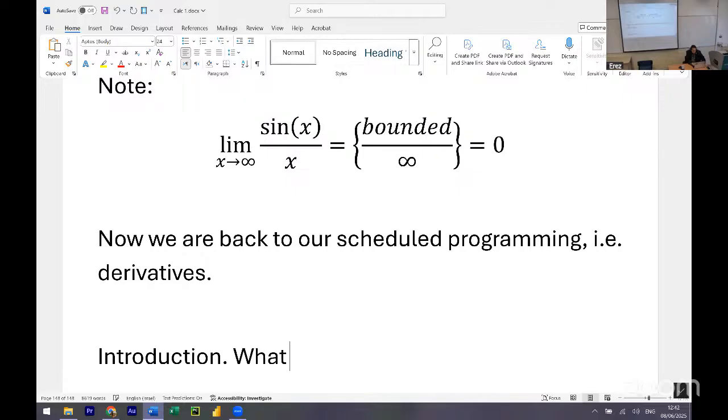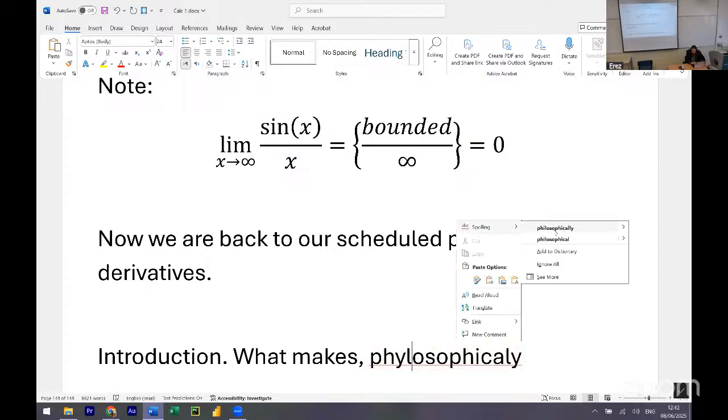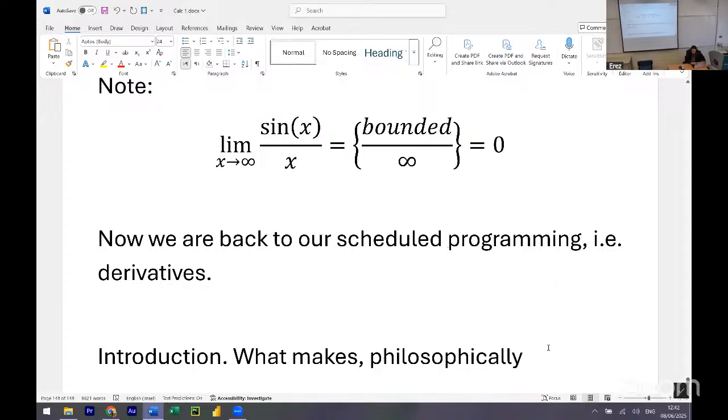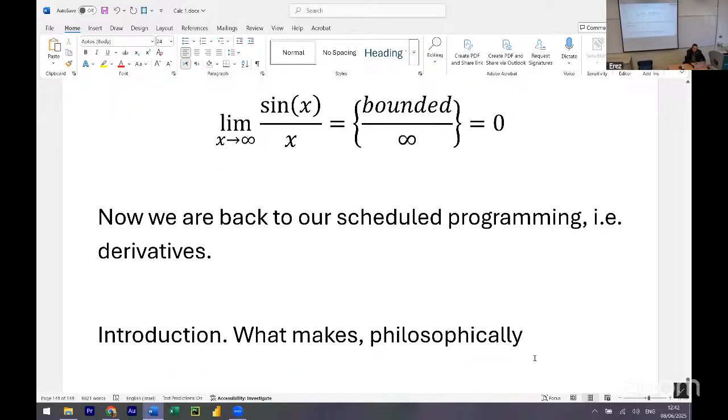What makes, philosophically, a function differentiable?